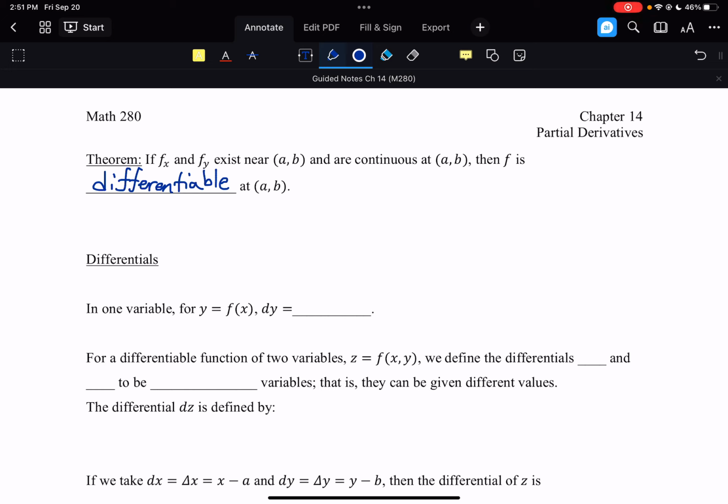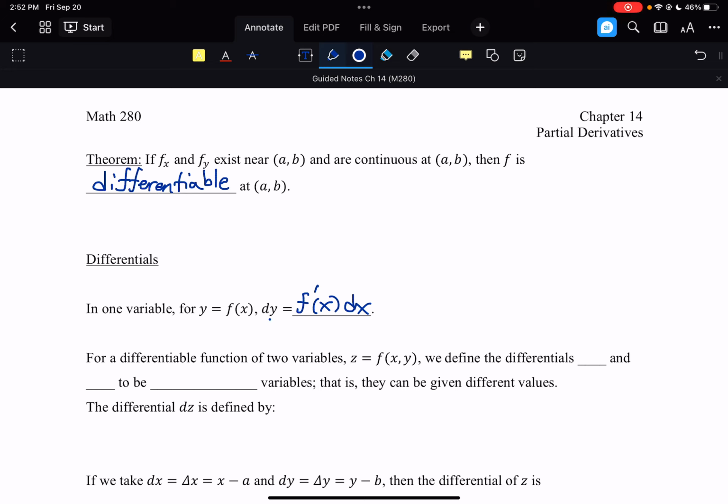So another way of looking at the tangent plane equation and at linear approximations is through the concept of differentials. Again, this is something that you would see a little bit in Calc 1, but only in 2D. Now we're looking in 3D. So in one variable, for y equals f of x, we said dy equals f prime of x dx.